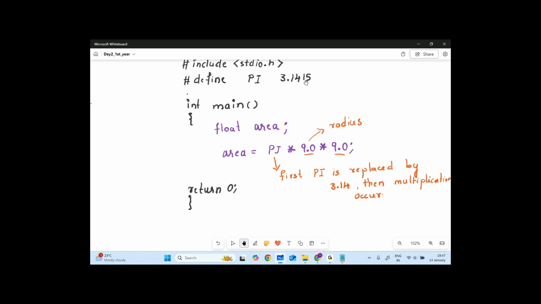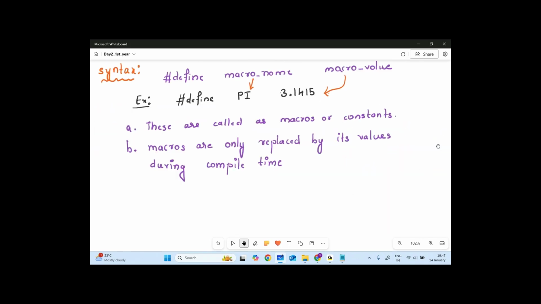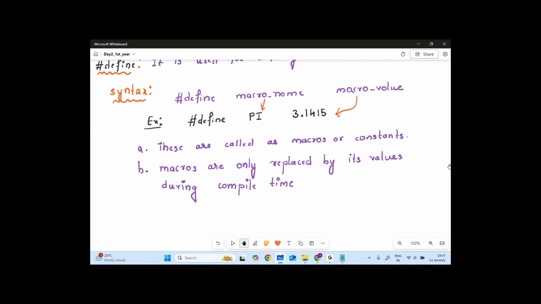Once you define a macro name with a macro value, it is fixed, you cannot change its value. So that is another point you need to understand. The second one is macros are constants, value cannot be changed.